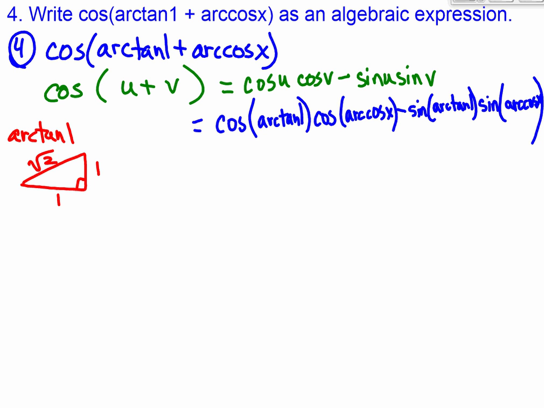Square root of 2, right? Square root of 1 squared plus 1 squared, so square root of 2. This is my situation that I just got. I need the cosine of that situation, and I need the sine of that situation. I'll call it the sine of u and the cosine of u. So the sine is going to be what?